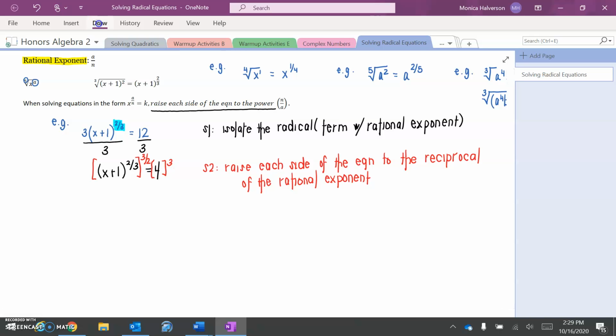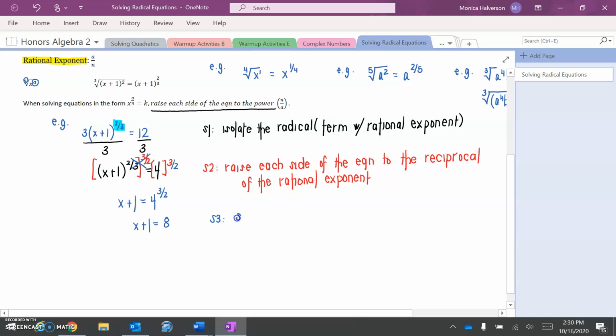By doing that, these exponents will cancel out, and we'll get x plus 1 equals 4 raised to the 3/2. Now 4 raised to the 3/2 can be plugged into our calculator, and you get x plus 1 equals 8.